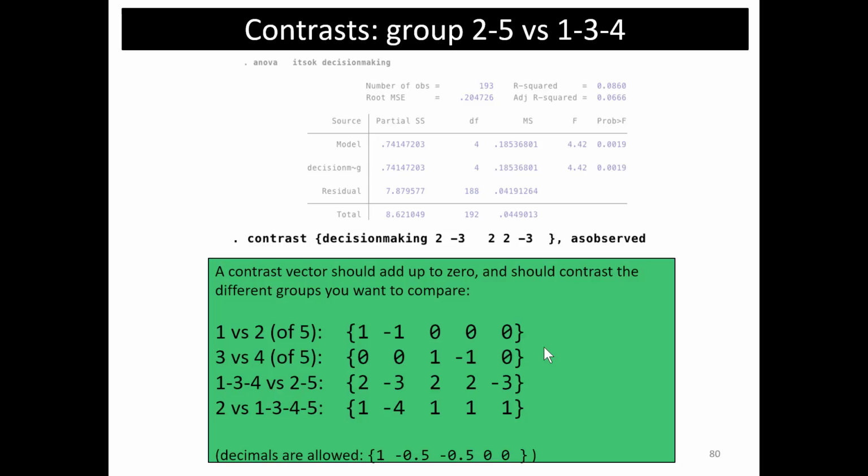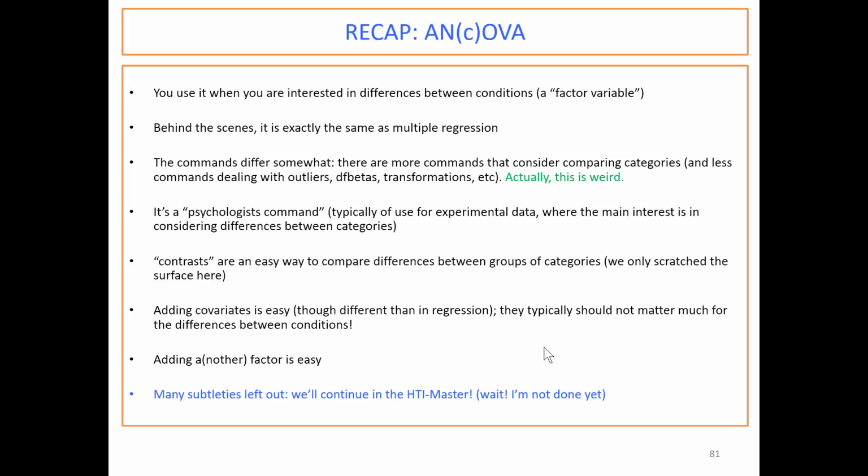Okay, any questions about this part? Because this is in principle the last thing about analysis of variance that we need. Okay, so this is the whole ANOVA and ANCOVA factorial ANOVA story. You want to use this when you have an interest in differences between conditions, which you typically have after you've run an experiment.